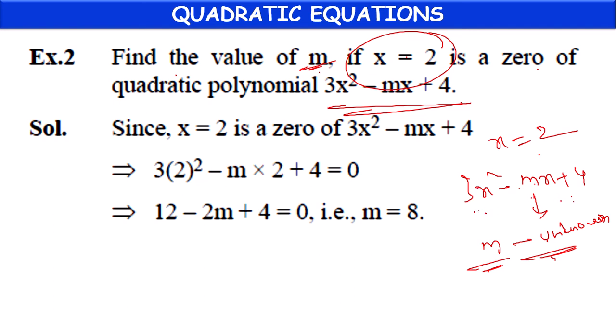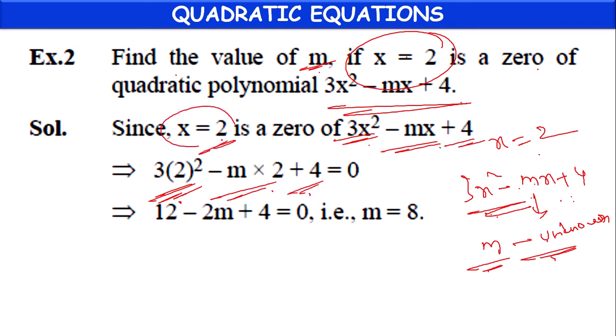So what we can do, in the place of x we can keep 2. 3 into 2 square, minus m into 2, plus 4 as it is. But as x equal to 2 is the 0 of polynomial, when we substitute x equal to 2, this entire expression will be equal to 0. We can equate to 0.